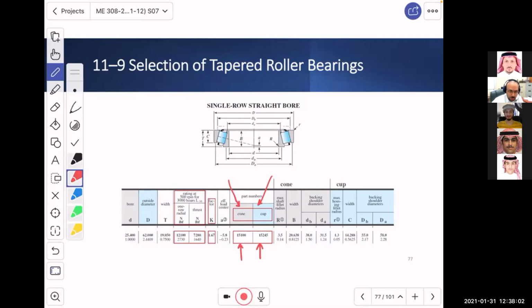That's why you see them in the solution. Next is K. So there you go. That's why we have to approximate it. Now we know the real value. And look also, we can get the radial load in Newton and in pound, and the thrust load. Now we don't look at the thrust because we use the equivalent radial force in order to judge which bearing using this only, not both.